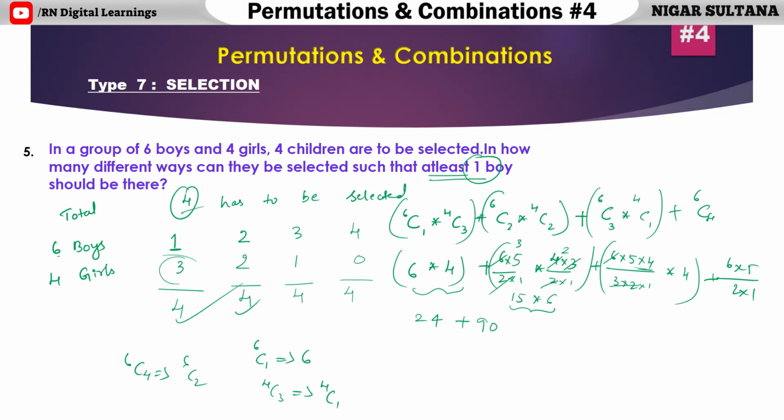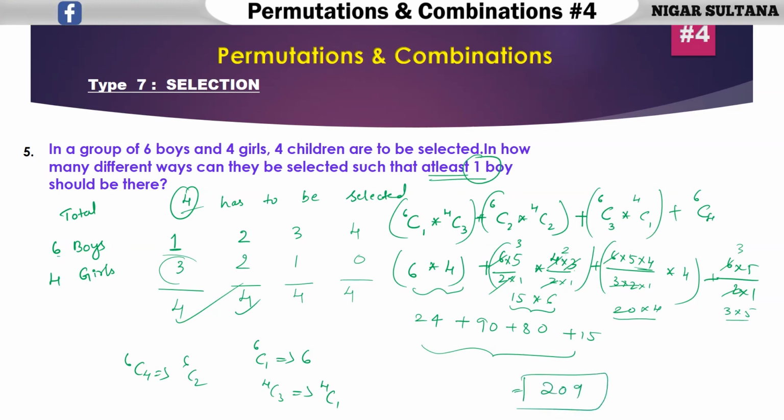This is 20. 20 into 4. What is 20 into 4? It is 80. Next plus 1, 3 into 5 is 15. So when we add all these numbers we get 209. So 209 is our solution for this problem.